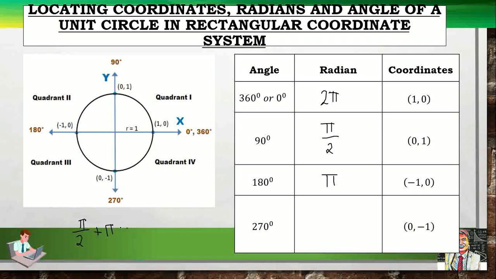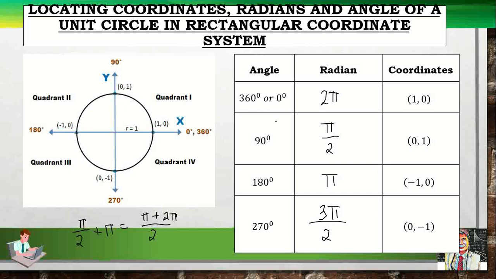So, get the least common denominator, which is 2. 2 divided by 2, that is 1. Multiply by pi, that is pi. Which is, ang denominator netong pi is 1. 2 divided by 1, that is 2. Times pi, that is 2 pi. So, plus 2 pi. So, pi plus 2 pi, that is 3 pi over 2. Yan, ha.